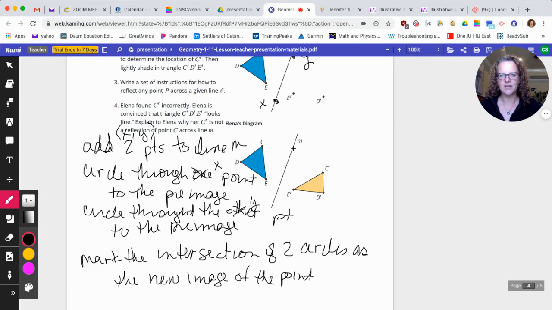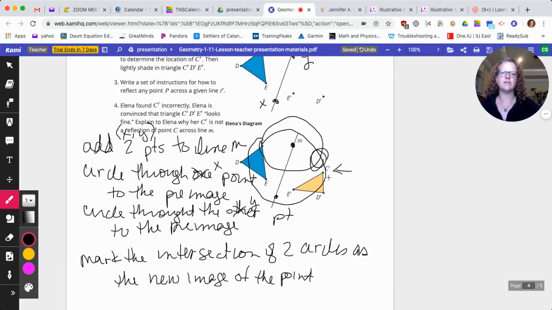If I put a point here and I drew a circle with that point as my center and a circle with that point as my center, C prime is not at the intersection of those circles. Okay, that's how we know.